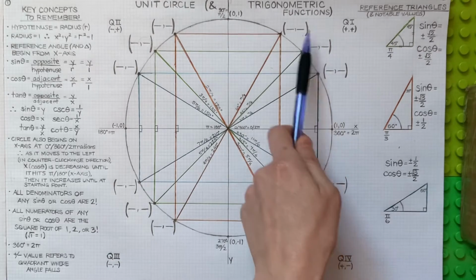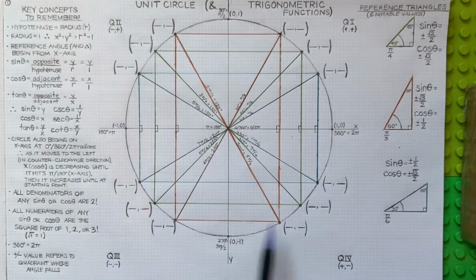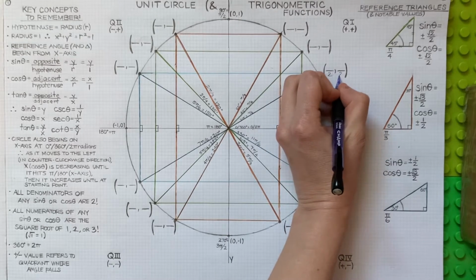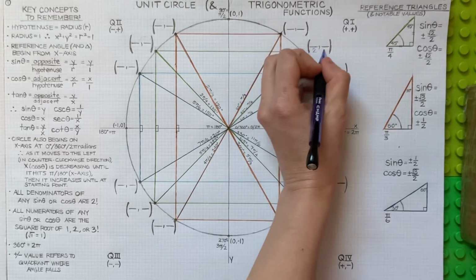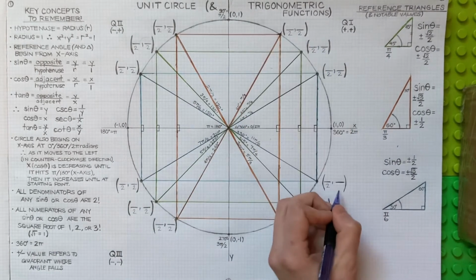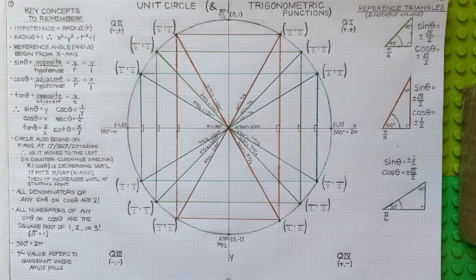So I've left blank all of these so that we can fill them in as we go. So first we can go ahead and fill in the denominators, which is going to be 2. So we'll put a 2 here, here, and we'll just go around and fill them all in. Okay, easy enough.